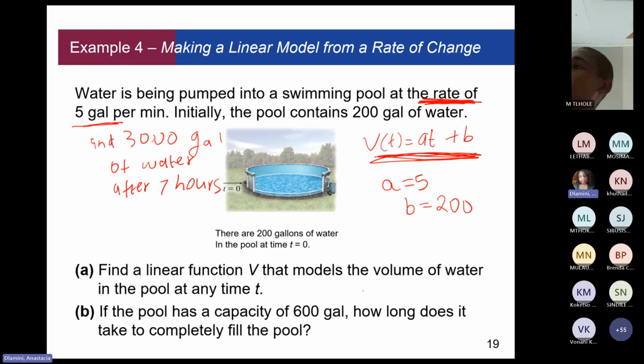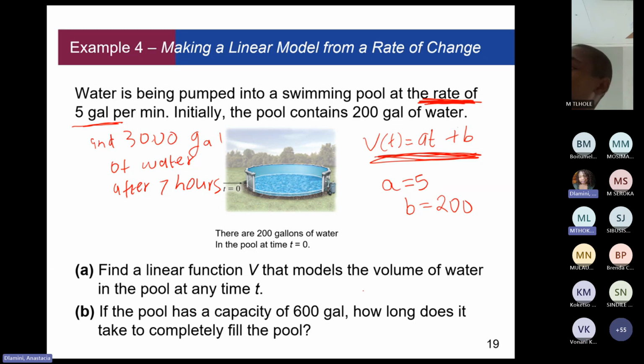Now the statement changed. So now there's 200, then there's 3,000. Then you must add them both. Hey, ma'am, you are confusing us now, ma'am. Yes, that's the aim.